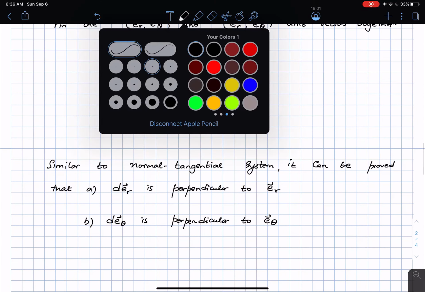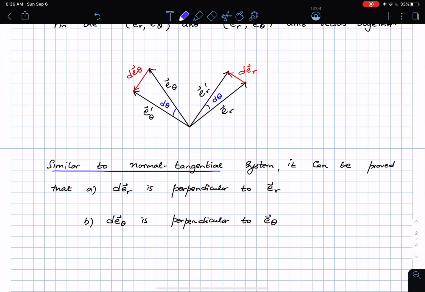This is similar to the normal tangential coordinate system, where we took one of the unit vectors and did the dot product, and then did the time derivative, and then proved that these are at right angles to each other.